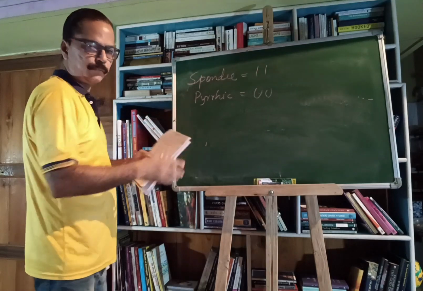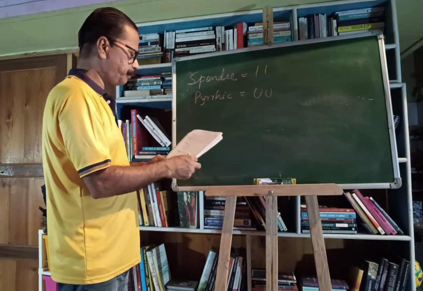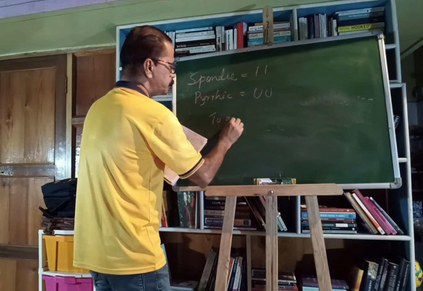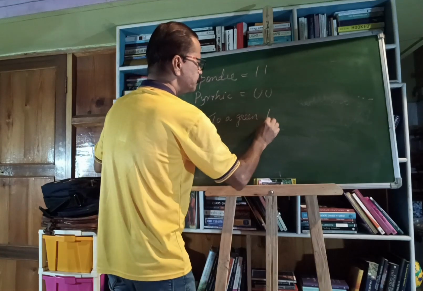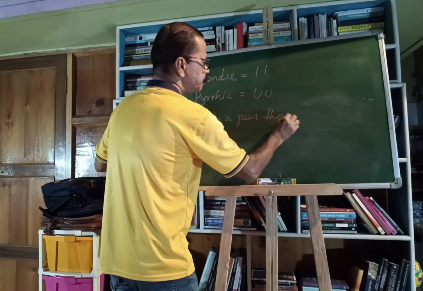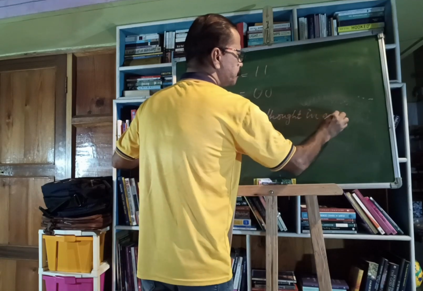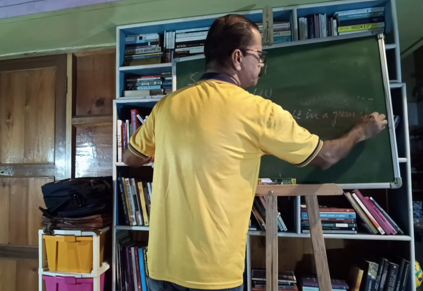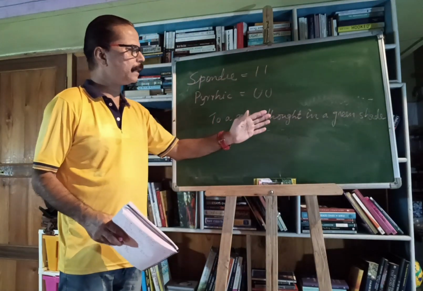Now let's take a line which will give us both the examples of spondy and pyrrhic. So the line is, to a green thought in a green shade.